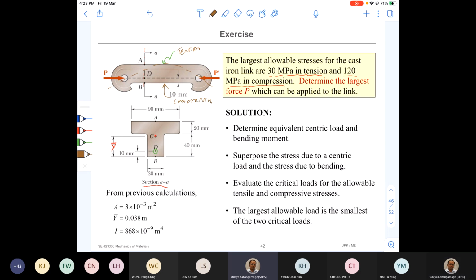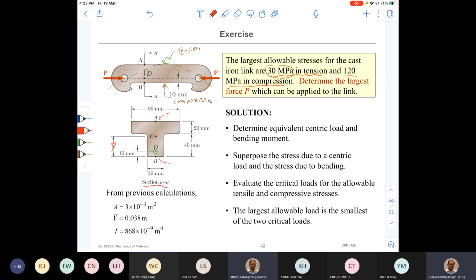Okay, right. So if you miss that part, you won't get the right answer here. So you need to know exactly, because here the maximum tension is 30 megapascal, compression is 120. Now we know that point A here is under tension, and its maximum tensile stress there should be less than 30 megapascal to avoid the failure.